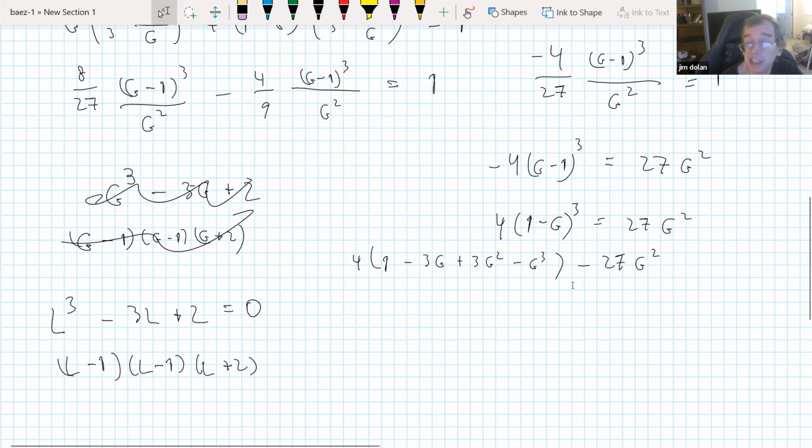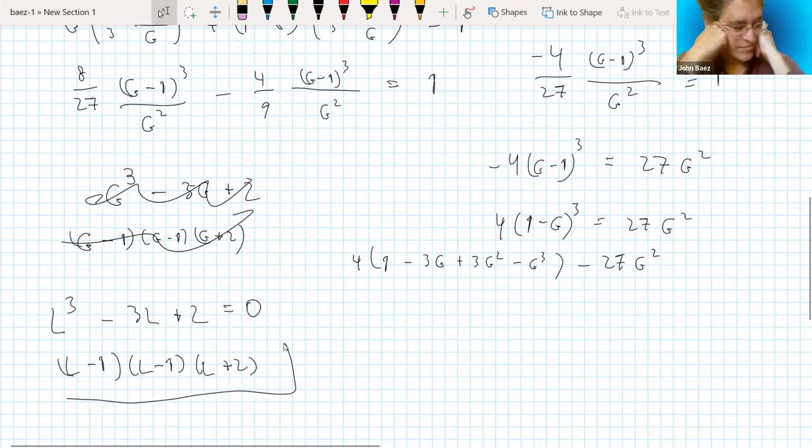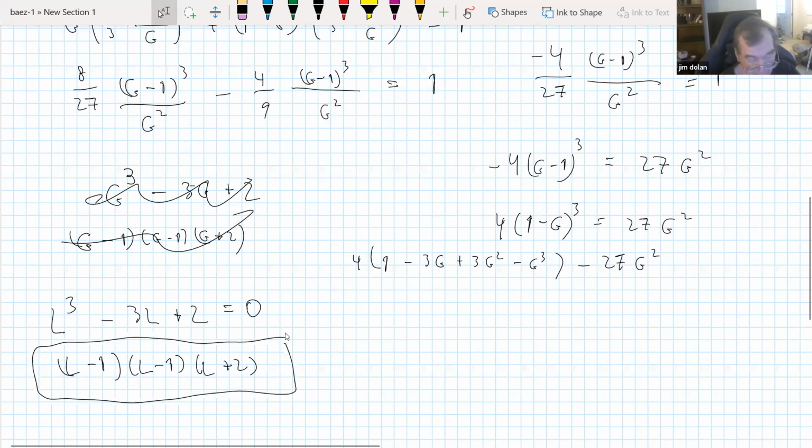Maybe yours actually is correct, but maybe yours is written in terms of G, whereas mine was written in terms of L. So I can't even guarantee that yours doesn't factor. But the point is that for L, if it factors like this, then this is the one that ends up giving the important thing.